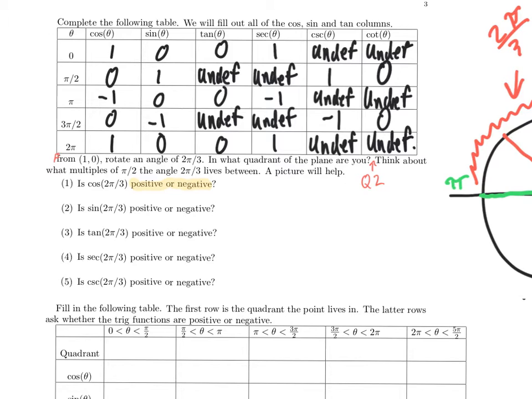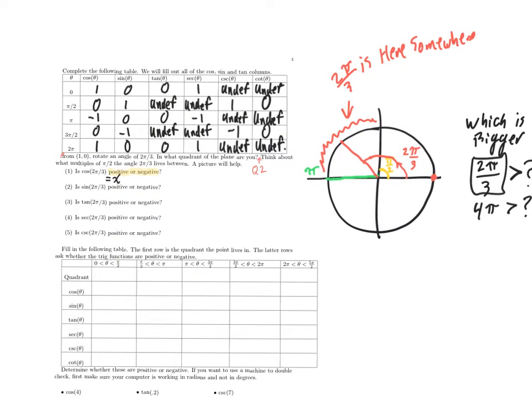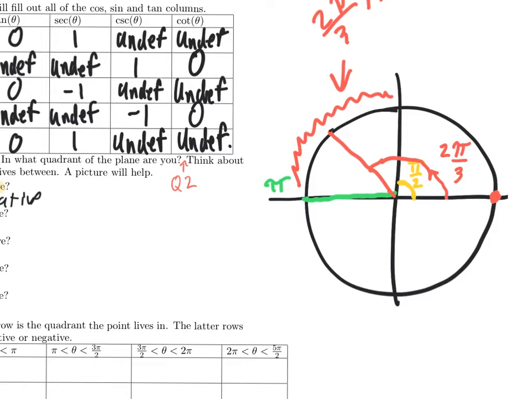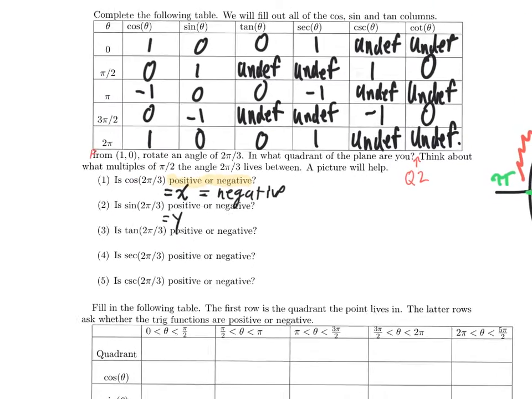Let's start with cosine. Cosine of 2 pi over 3 is exactly the x coordinate. In quadrant 2, is the x coordinate positive or negative? It's negative. What about sine? Well, sine is the y coordinate. Is the y coordinate of this point positive or negative? Well, it's above the x-axis, so it's going to be positive.